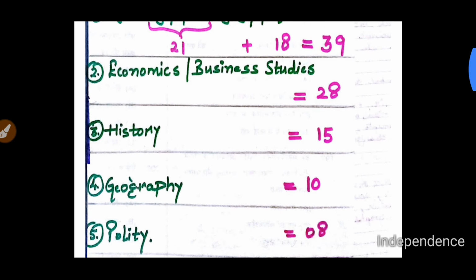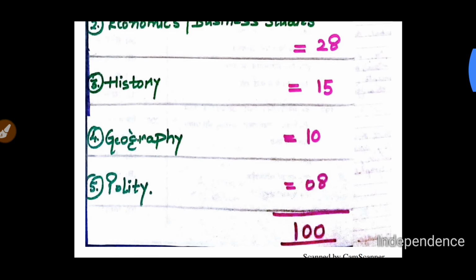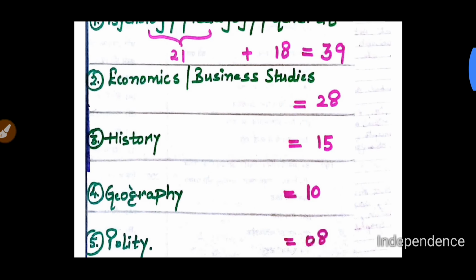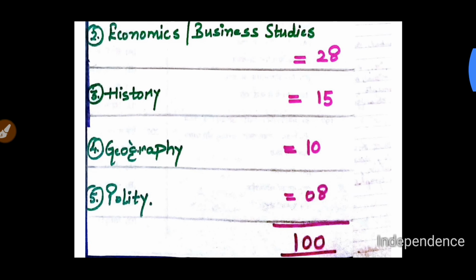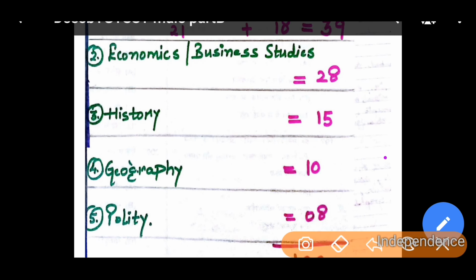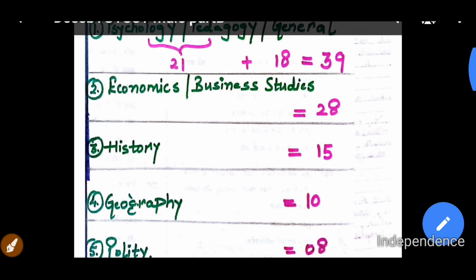Broadly, I have divided the paper into 5 parts, as you can see here: psychology, pedagogy, general, then economics and business studies, then history, geography, and then polity. Very shortly I'll be discussing how many questions came from which topic and what topics were covered.